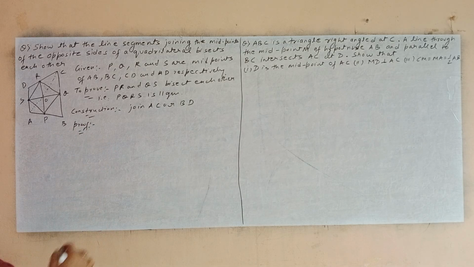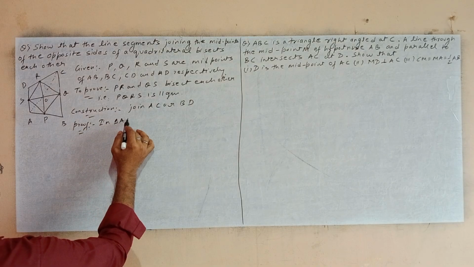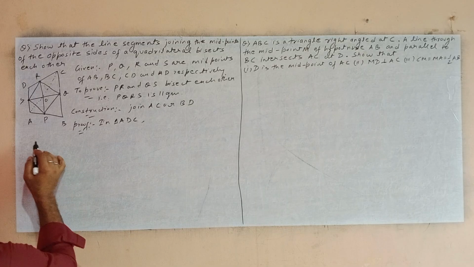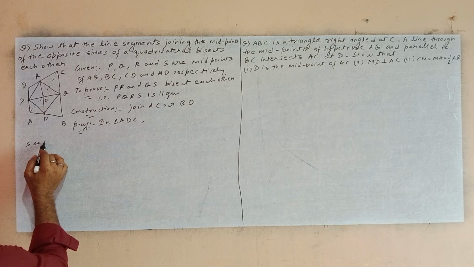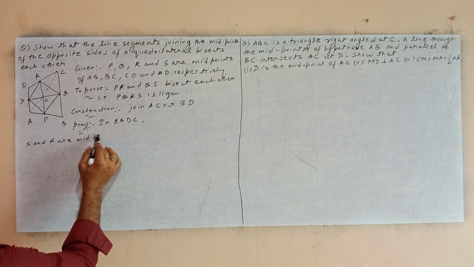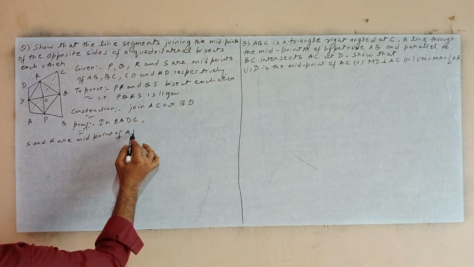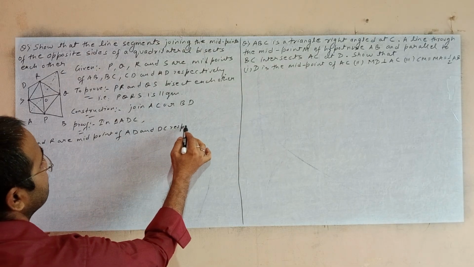In the proof, what will you write? In triangle ADC, what is given? S and R are midpoints of AD and DC respectively.